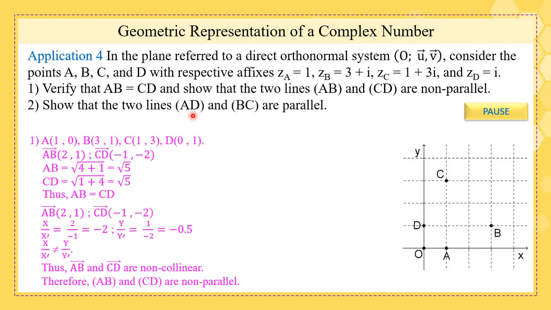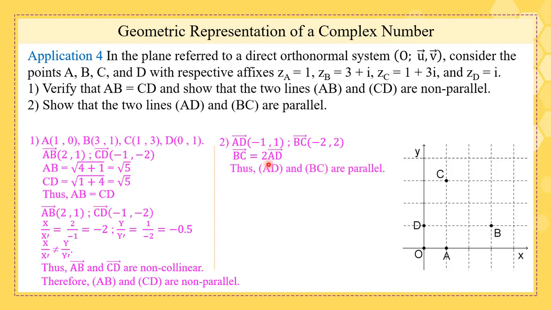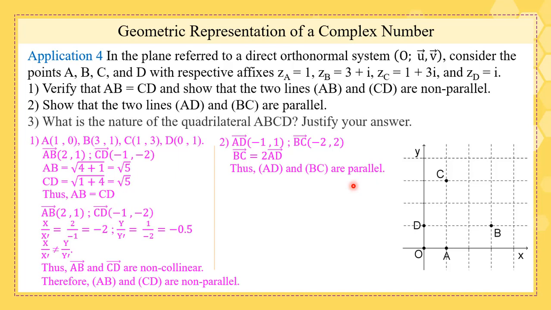Try also to do it alone. Well, this is vector AD, this is vector BC. They are collinear vectors. In fact, BC equals double AD. So we can tell that AD and BC are parallel.